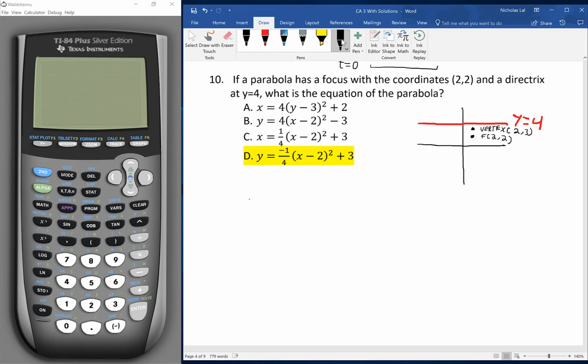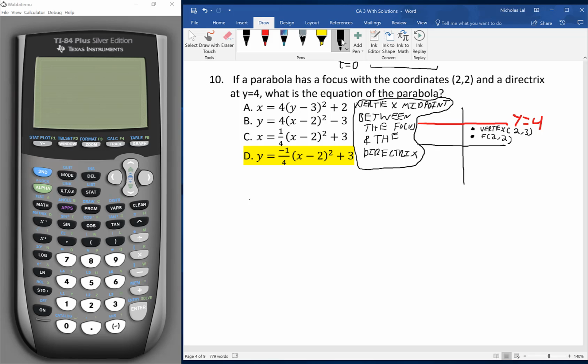And just note that the vertex is the midpoint between the focus and the directrix.